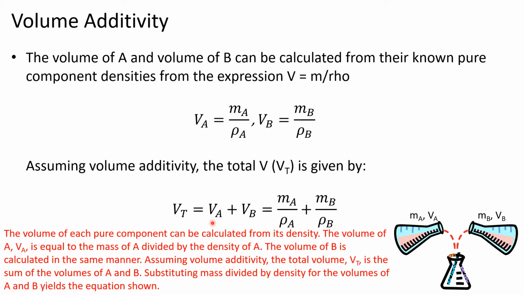Assuming volume additivity, the total volume, V sub T, is the sum of the volumes of A and B. Substituting mass divided by density for the volumes of A and B yields the equation shown.